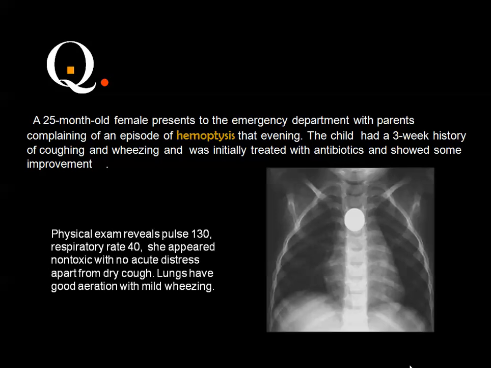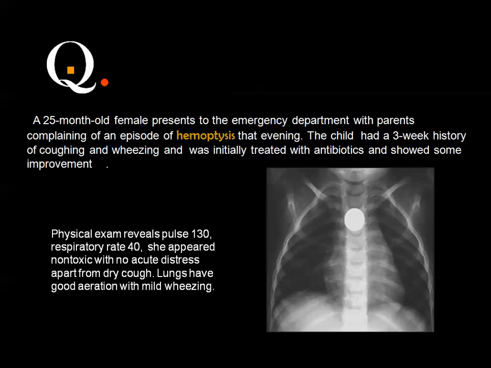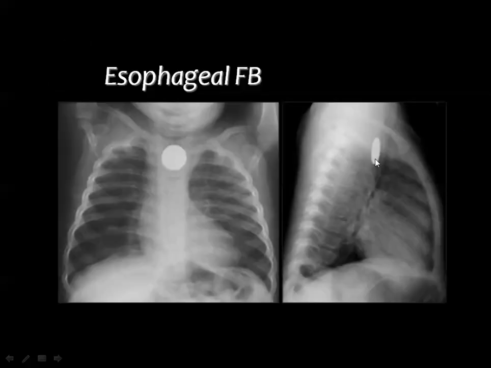Then you see a radiopaque structure here, and you have to discriminate whether this is a foreign body in the trachea or in the esophagus. As a rule, if you see the foreign body en face, it should be in the esophagus. If it is seen on its side, like this one in the frontal X-ray, it should be in the trachea.